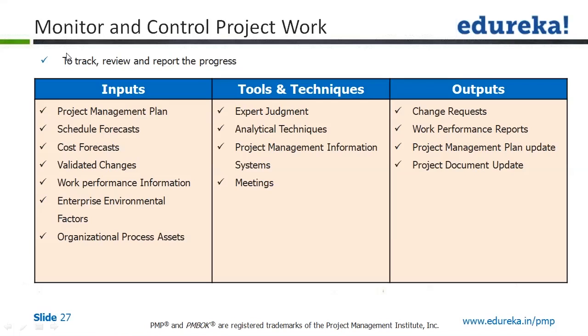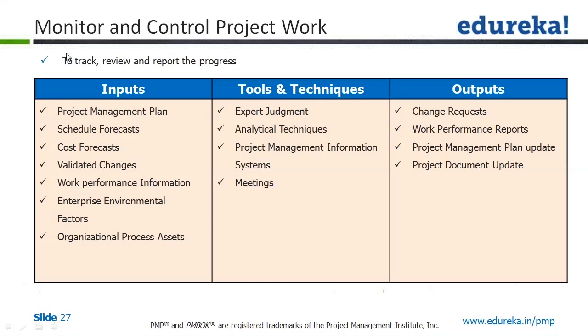Now let us look at the inputs to this process. The input to this process is the project management plan, which is coming in from the second process of this knowledge area itself. Schedule forecast comes in from project time management. Cost forecast is coming in from project cost management.